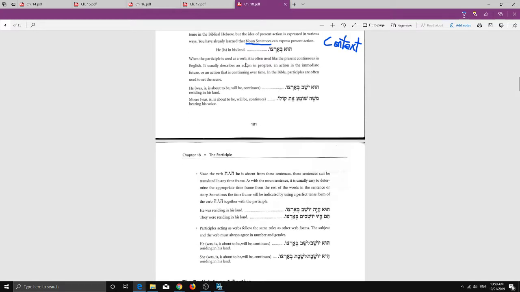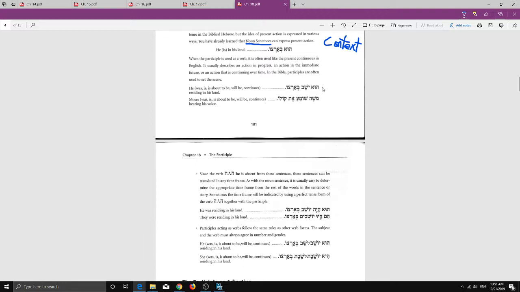Now, when we use a participle in the present, we might be able to use it as a present continuous sort of action. So maybe he is hearing, or something like that would work. But it could also have a past sense or future sense to it as well. So he was hearing, he will be hearing, something along those lines could also work.